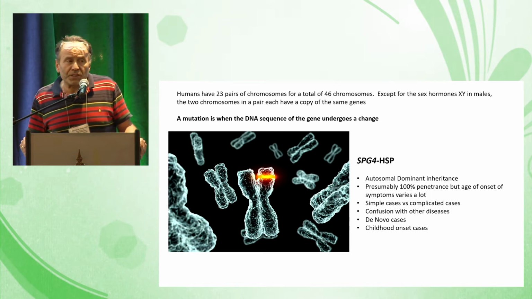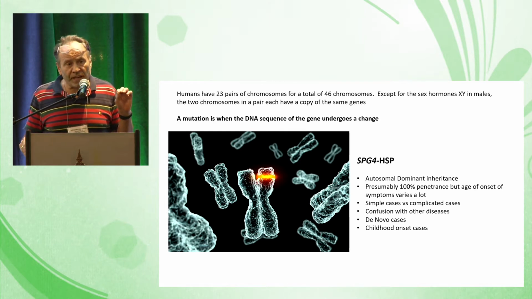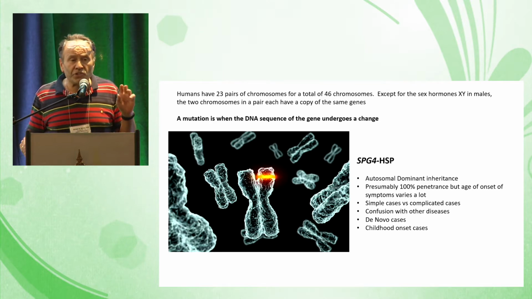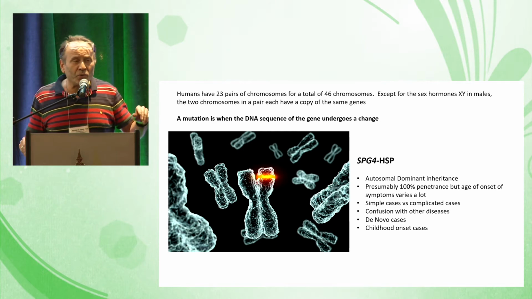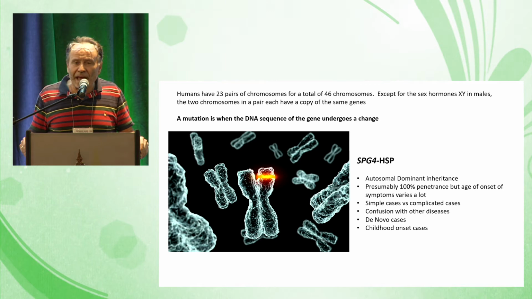What we mean by mutation is the DNA sequence of that gene has changed. Somehow it's changed. This actually happens all the time. You have the DNA code, and maybe one of the aspects of the code just switches.